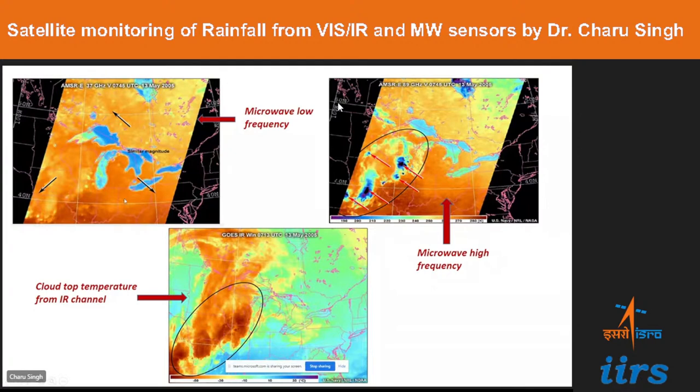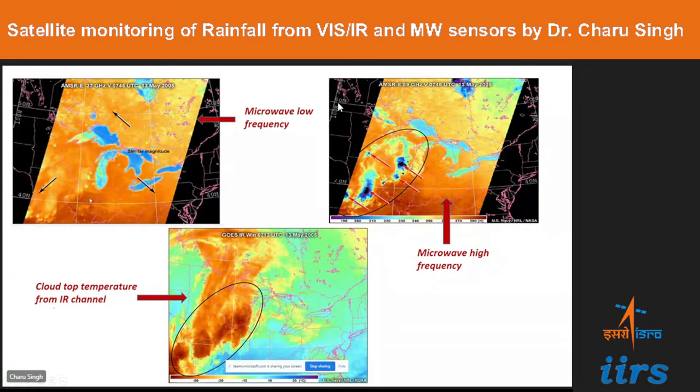If we compare these two images obtained from the microwave frequencies with the IR based cloud top temperature, in the color bar the red color is for low cloud top temperature. The feature here, the dip in the microwave emission in the high frequency channels and the enhancement in the low frequency channels, is coupled with the low cloud top temperature.